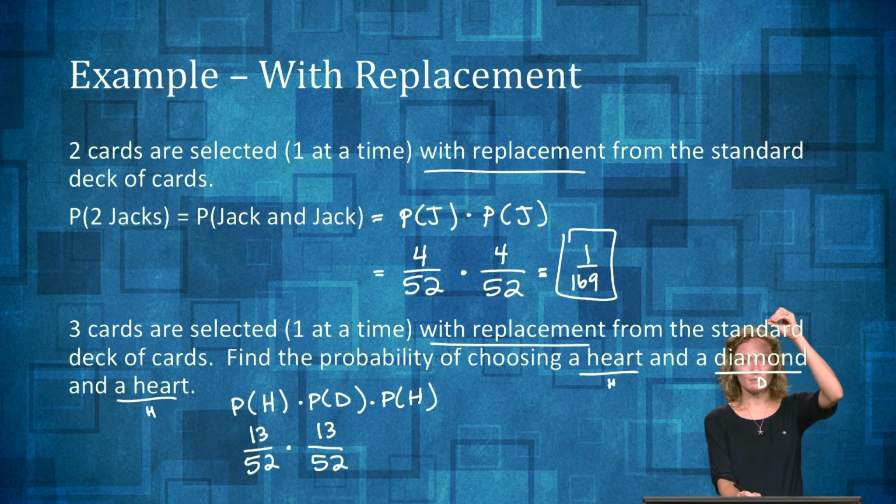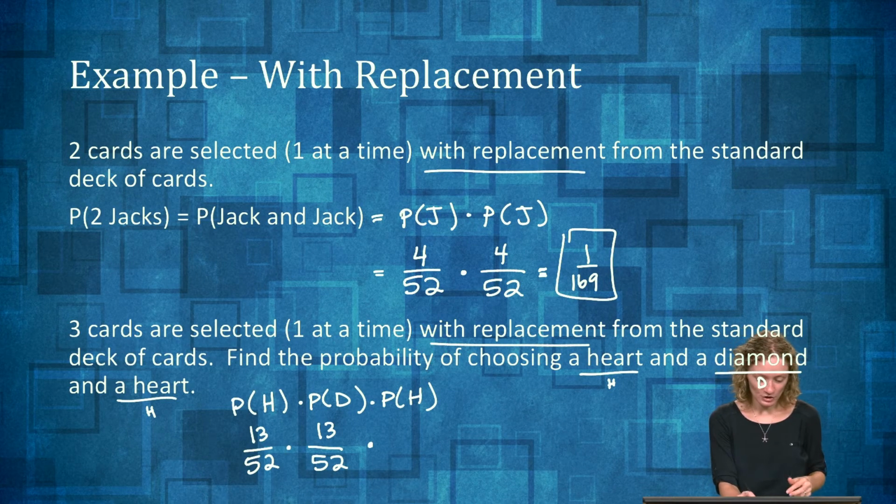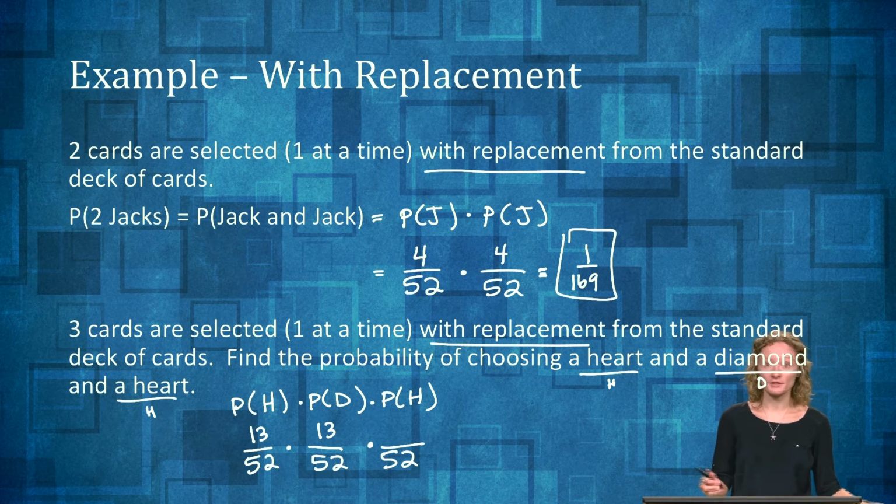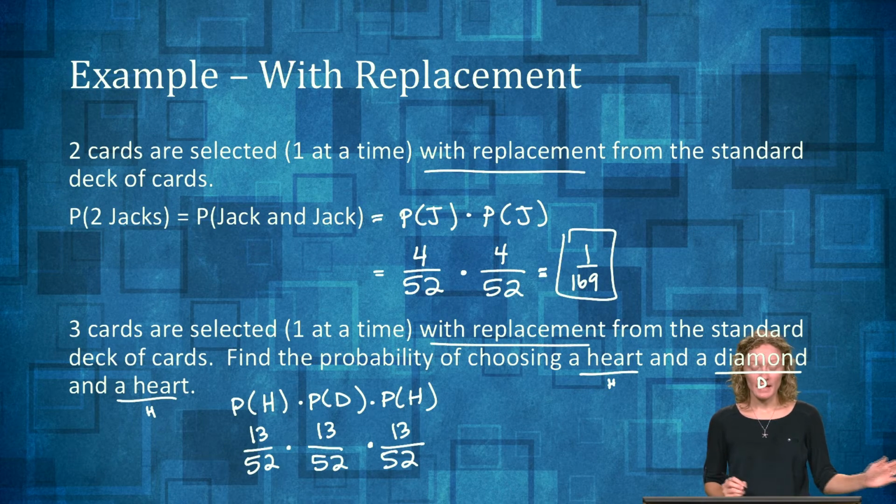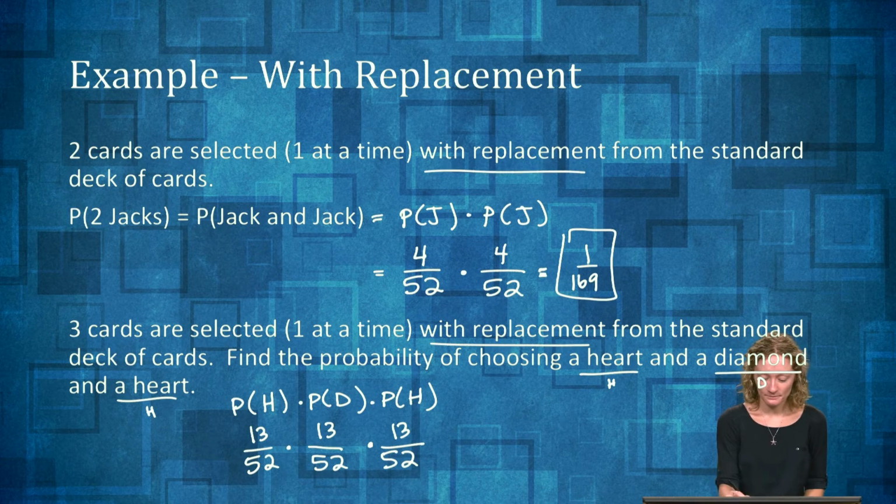Okay, we picked a diamond. We get to keep playing. Put it back in. Shuffle. On the third selection, we have 52 choices. How many of the 52 are hearts? Again, 13 or 1/4. Then multiply to get your answer. Each of them is 1/4.